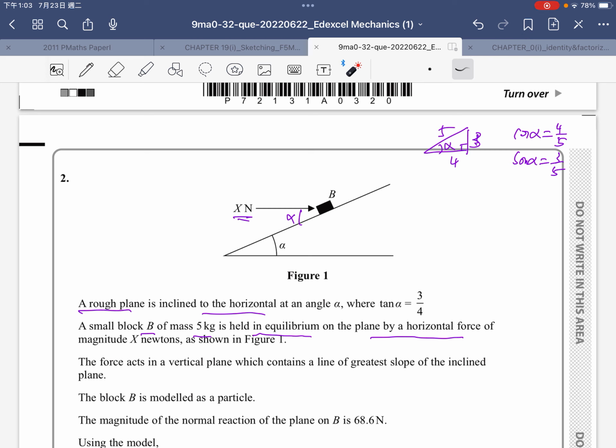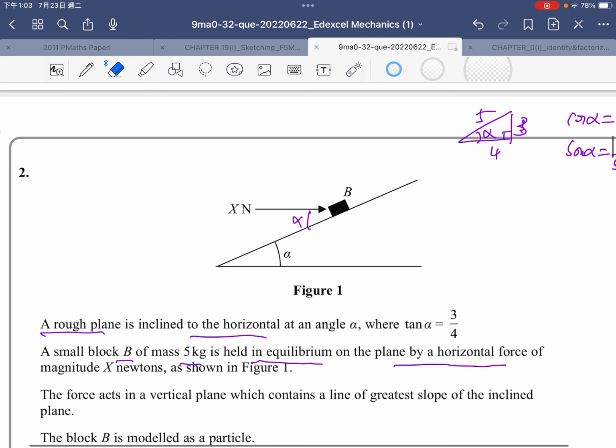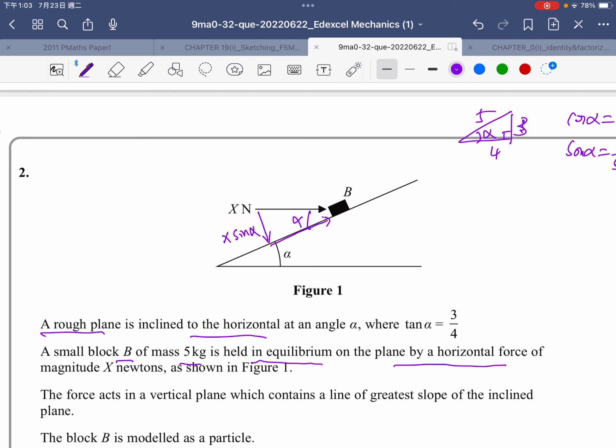This force can be decomposed into two directions. By sine, cosine, tangent, one component is x sine alpha, and the other is x cosine alpha.